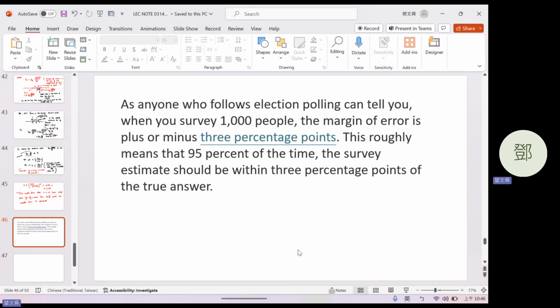This roughly means that 95% of the time, the survey estimate, p hat, should be within 3 percentage points of the true answer. This is the true value of p, and this is p hat.